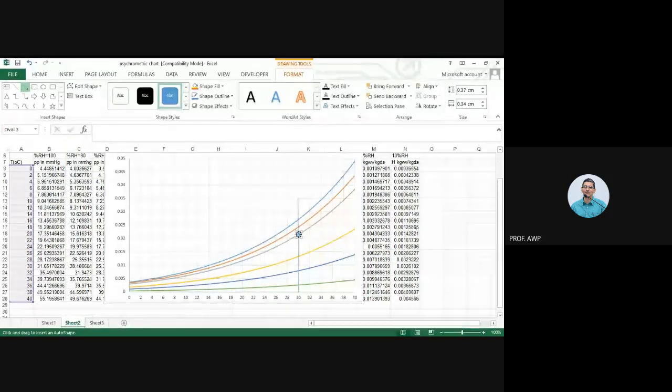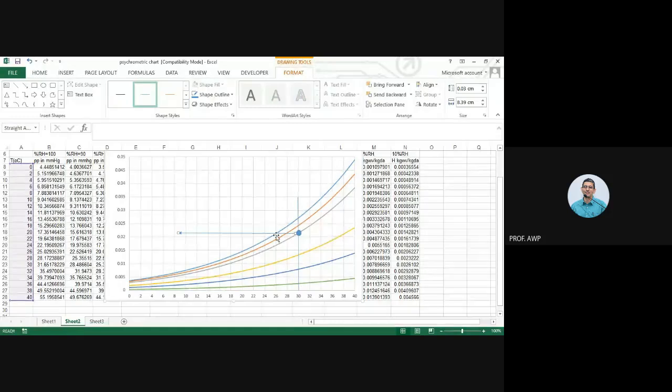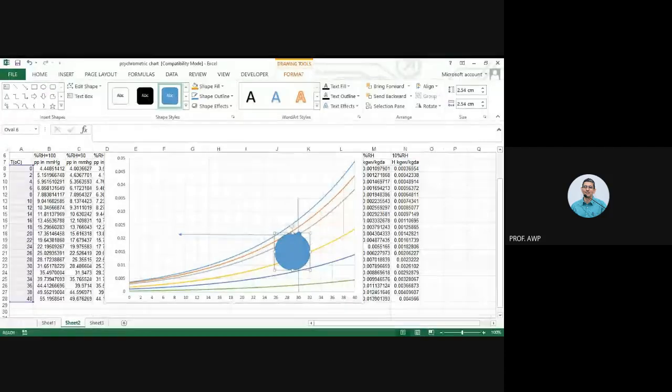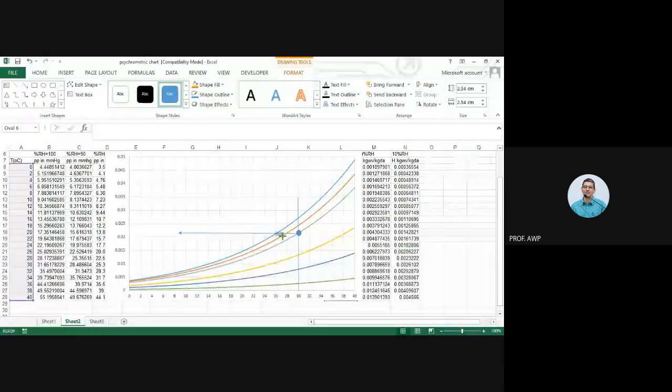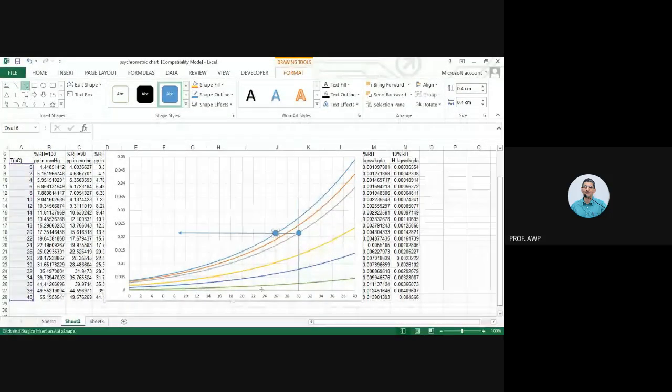Now if I want the dew point temperature, I will just go straight to the 100% RH line. At this humidity, where is it cutting the 100% RH line? It is cutting it here. That means at this particular temperature, the vapor partial pressure must be equal to the vapor pressure.